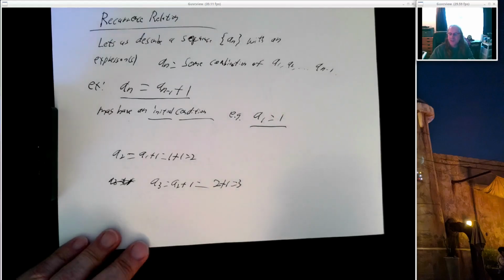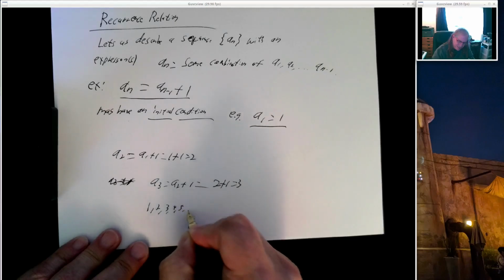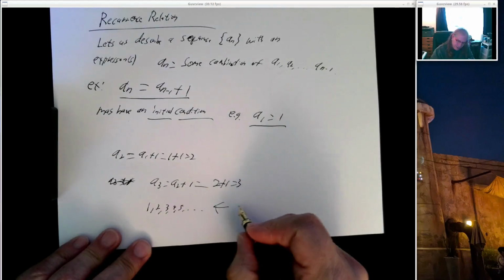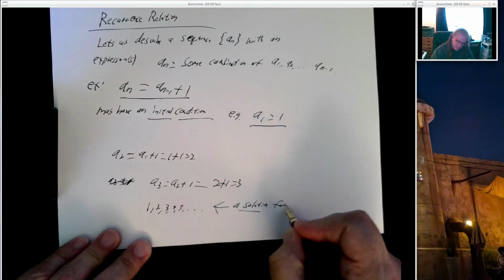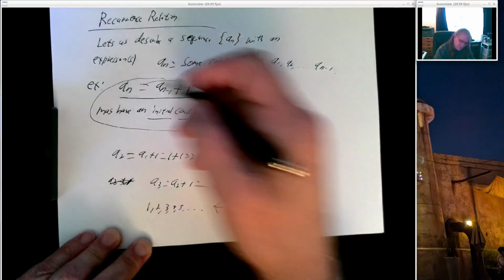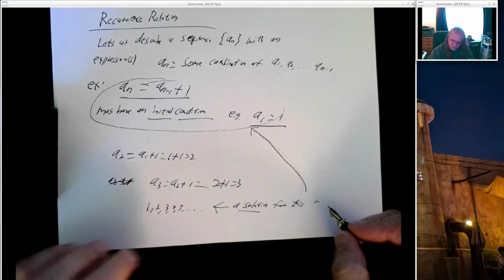And so my sequence corresponding to this would be 1, 2, 3, 4, 5, dot, dot, dot. And we call this a solution for this recurrence relation.